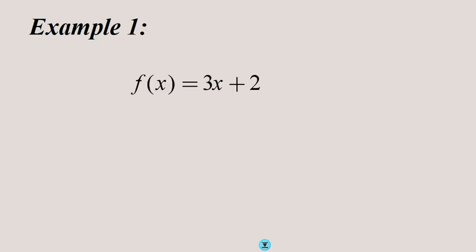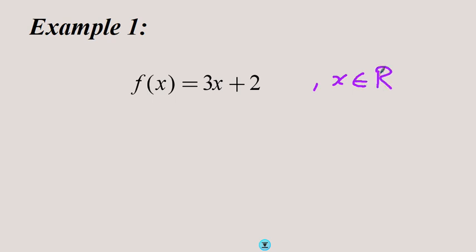Let's take examples. Let's say that we're considering f of x equals 3x plus 2. In this case, we're not specifying what the domain is. If we don't specify what values of x we're concerned with, then this implies that x is the set of real numbers.